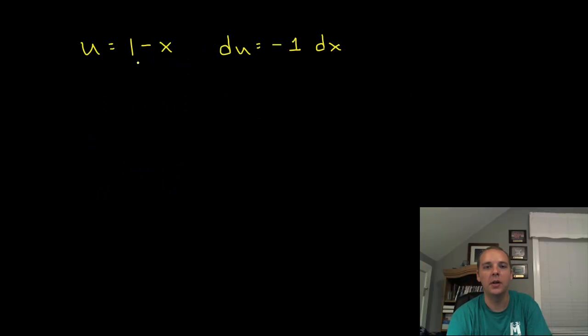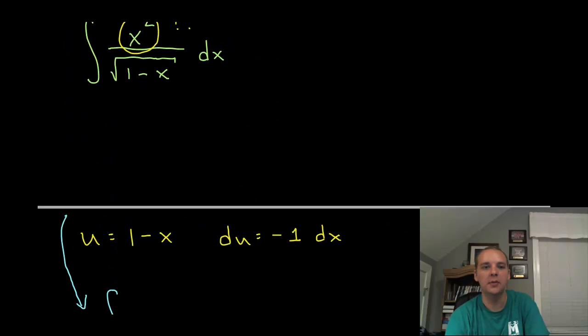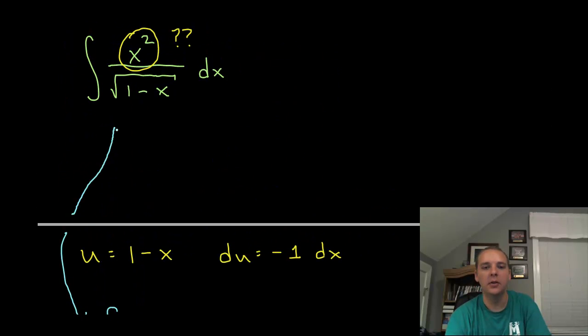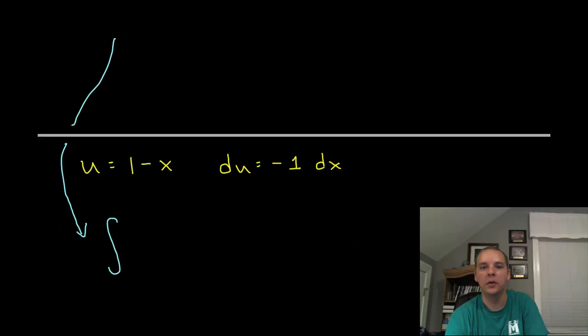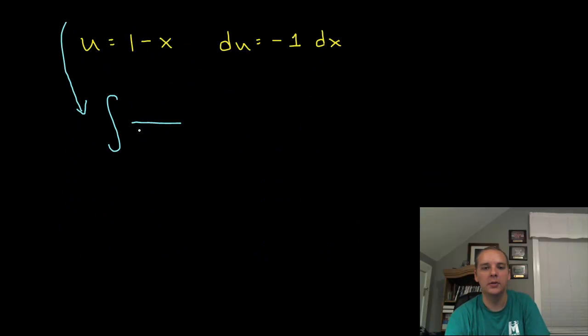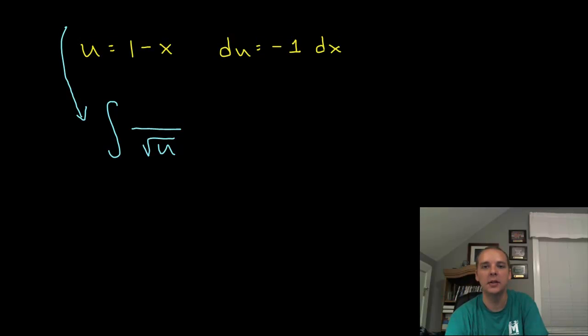Here we go. All right, based off of this choice for u and du, we can start to rewrite the integral. Clearly the bottom here would be the integral with a square root of u in the denominator. That looks really nice.